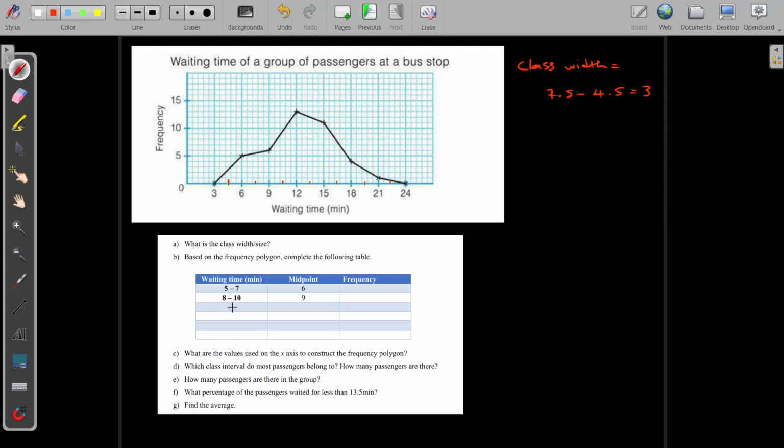All right, so we have 8 to 10. And the midpoints.